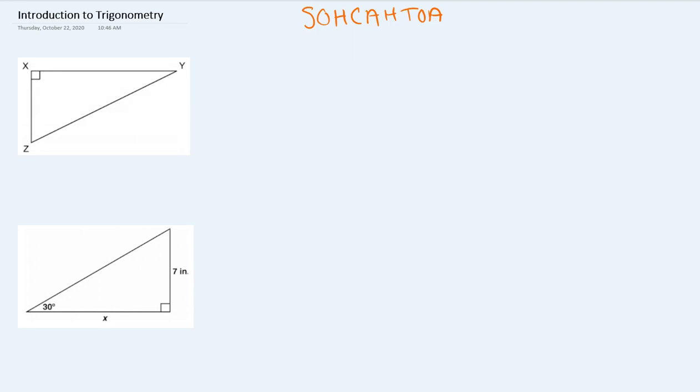So if we look at this problem here where we have a blank triangle, if I'm trying to find sine of angle Y, cosine of angle Y, and tangent of angle Y, we're going to put letters to these. So let's say that this is side A, B, and C. Sine is opposite over hypotenuse.